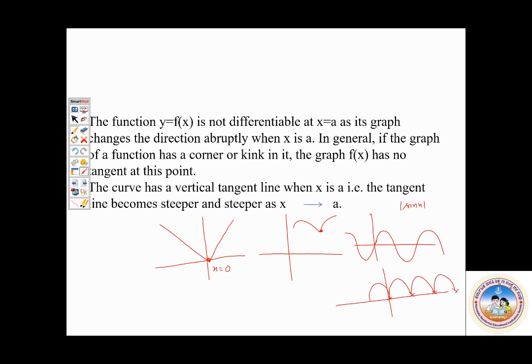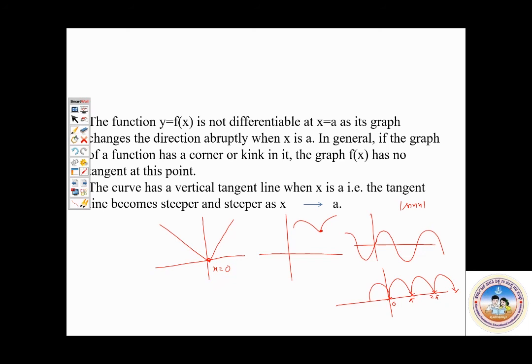There are infinite points at which this function is not differentiable. Sin x is differentiable. Mod sin x is also differentiable, but at the points 0, pi, 2 pi, and so on, at these points it is not differentiable. That is the meaning of this statement. ಅದಕ್ಕೋಸ್ಕರ ಗ್ರಾಫ್ ಡ್ರಾ ಮಾಡಿಕೊಂಡು ನಿಮಗೆ you can get an idea whether differentiable or not differentiable.